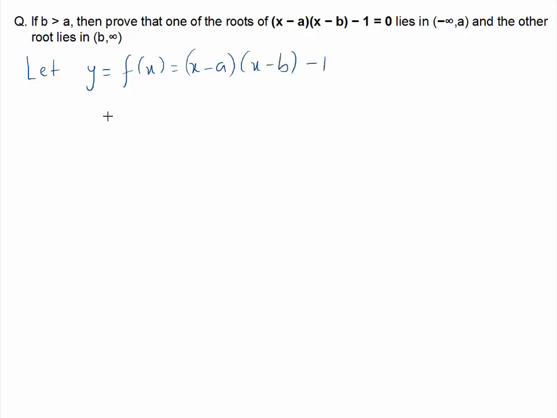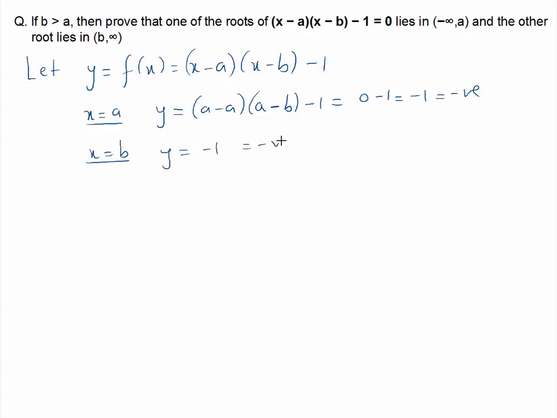So we will assume y to be this expression. Now we will substitute x as a. So when we substitute x as a, we get y equals a minus a multiplied by a minus b, minus 1. So that would be 0 minus 1 or minus 1. Similarly, when we substitute x as b, we will get y as minus 1 again. So both of these are negative.